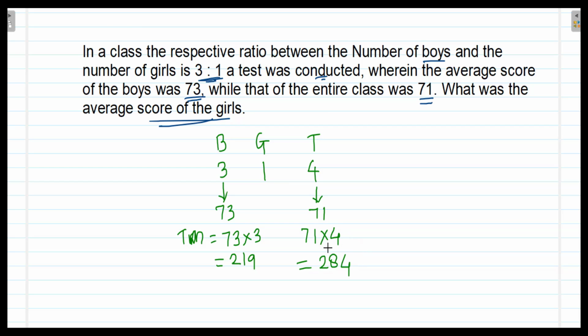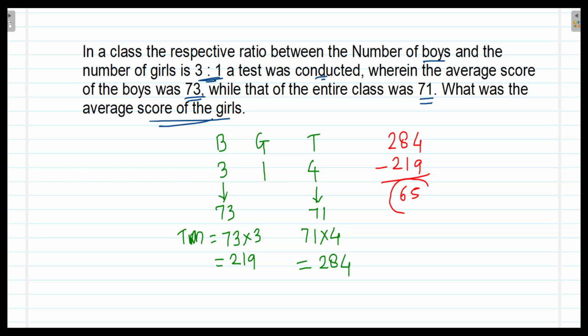Now here these are the total marks obtained by the class, including boys and girls. And these are the marks obtained by boys. So if you subtract the marks obtained by boys from the total marks, then you will get the marks obtained by girls, and therefore it is 284 minus 219, and that is equal to 65.